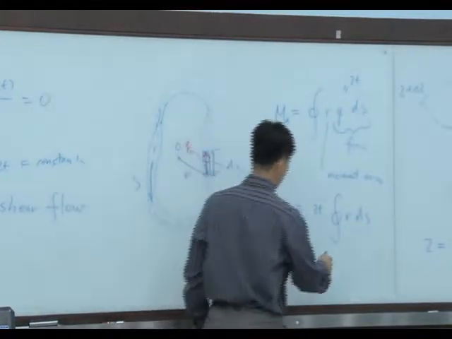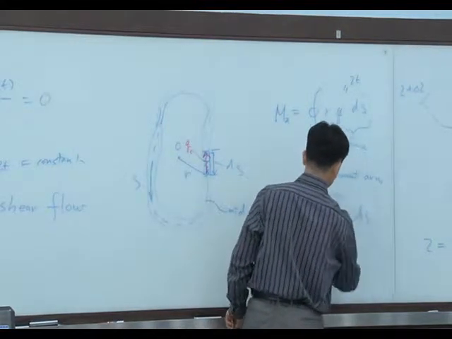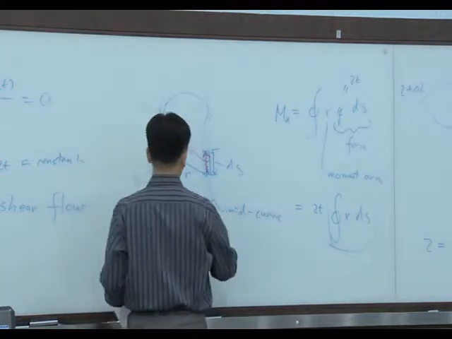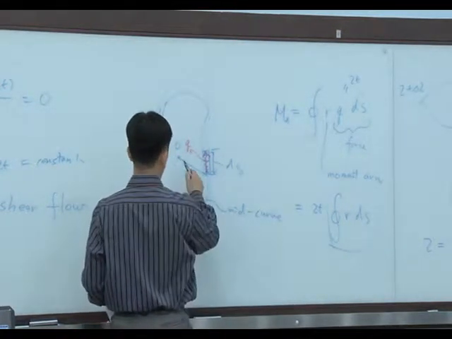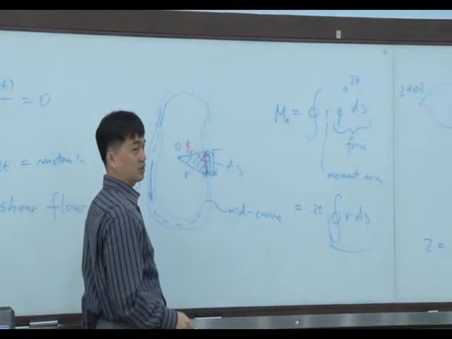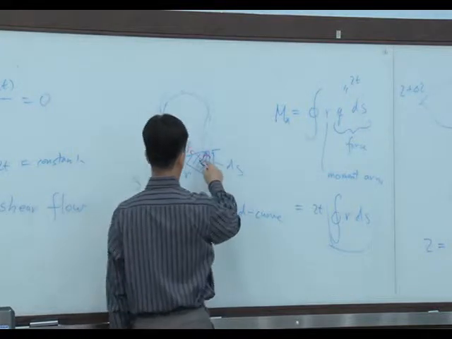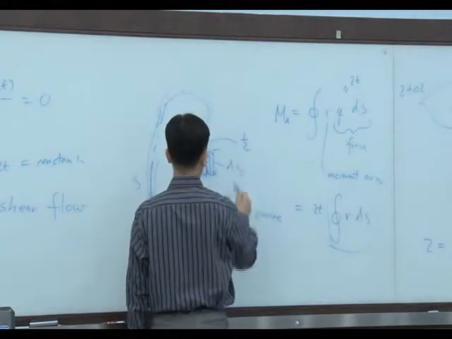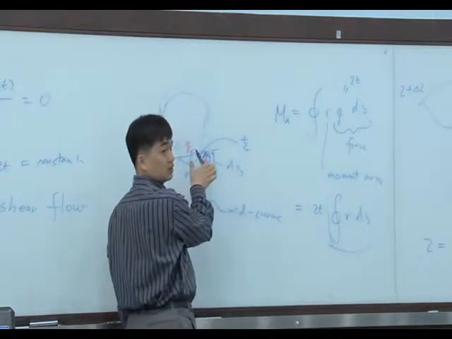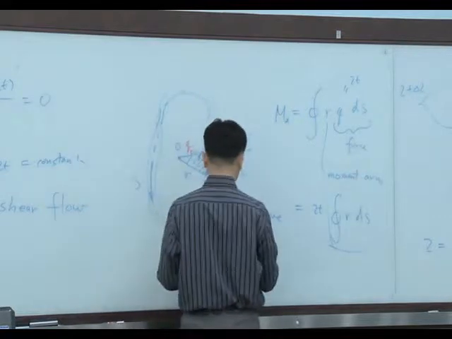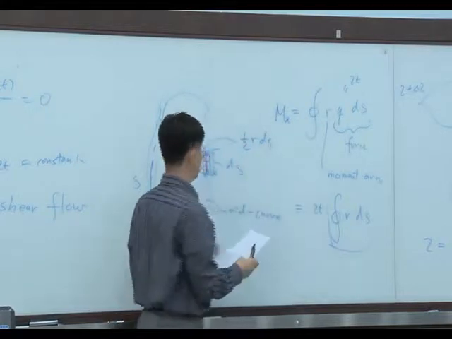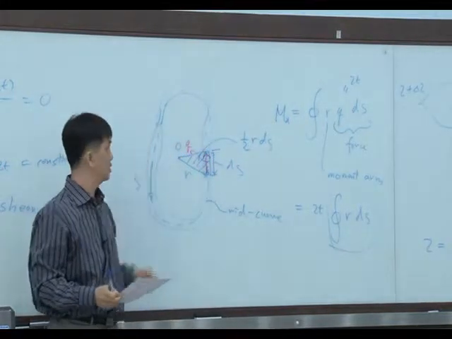Now let's look at this part geometrically. Let's look at this triangle. What's the area of this triangle? 1/2, and the base is ds, and the height could be r. So 1/2 r ds, because ds is very, very small, right?